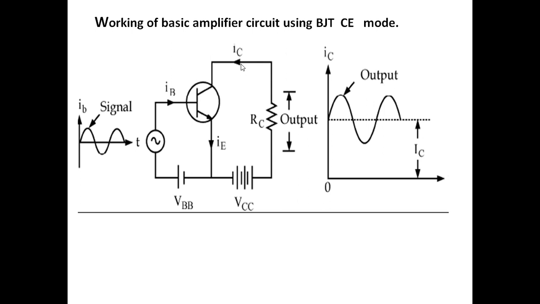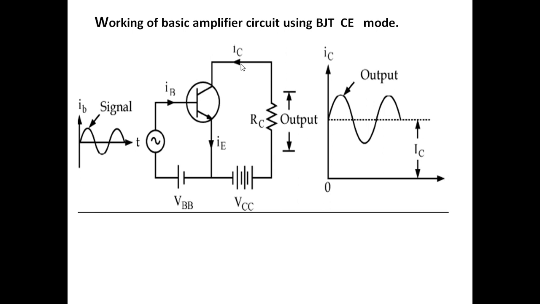The characteristics near the vertical line, that is IC, are called saturation characteristics, and the characteristics which are flat are called active region characteristics. So these are divided into three categories: saturation region, active region, and cutoff region.